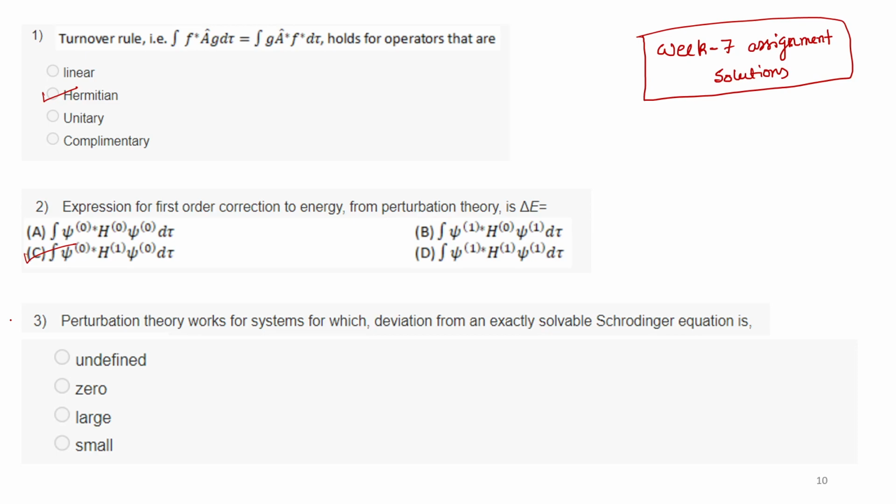Okay, now third, perturbation theory works for systems for which the deviation from an exactly solvable Schrodinger equation is very small, right? If 0, then it will not be perturbed. Undefined doesn't work. Large, we can't really use perturbation theory. Perturbation theory only works for very small deviation from the exactly solvable equation.